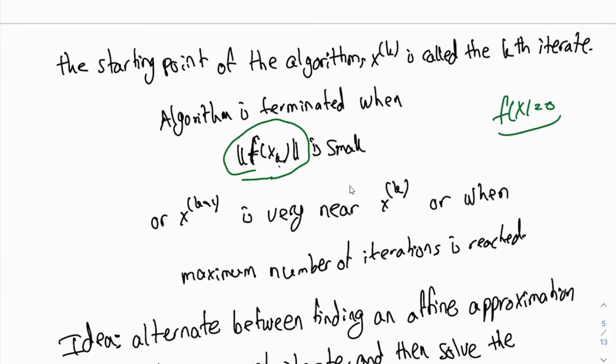So we want x_k to be a good estimate of x. Whenever the norm of f of x_k is small, we know that we are converging. How do we know it's small? For example, we talk about the stopping condition: less than epsilon. In that case, you know that you have to terminate the algorithm.